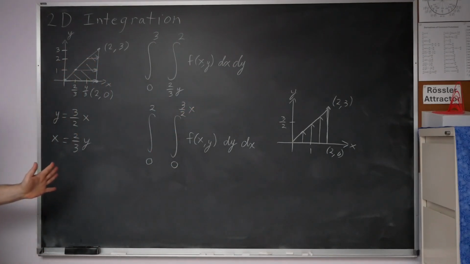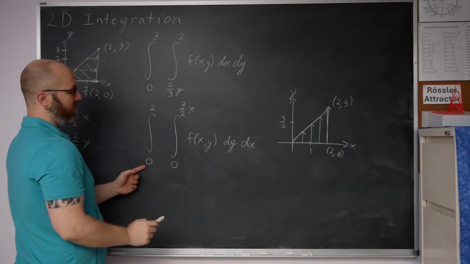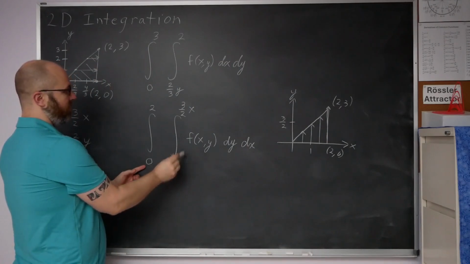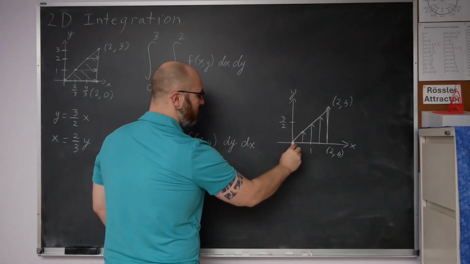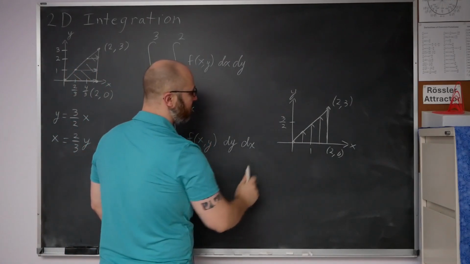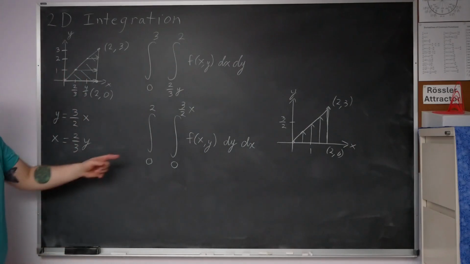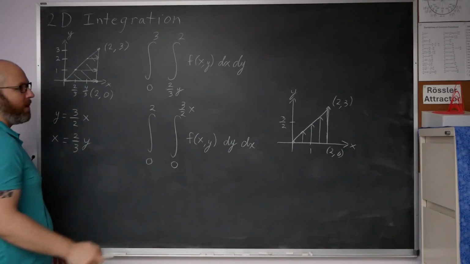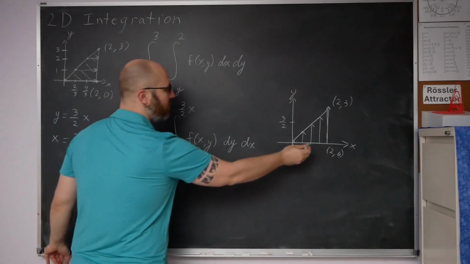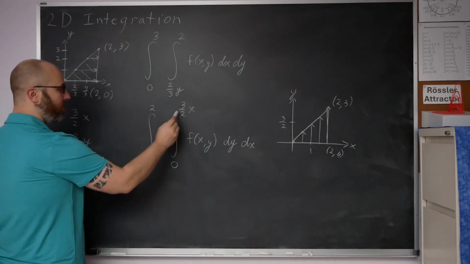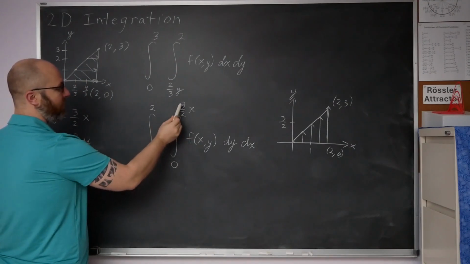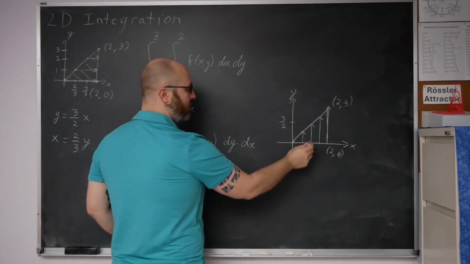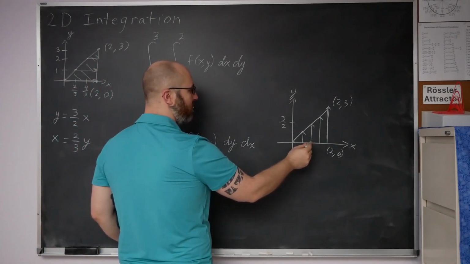Now let's just double check it. If x is equal to 0, then y will go from 0 to 3 halves times 0, so 0 to 0. There's really no arrow there. If x is 1, then y starts at 0 and goes up to 3 halves times 1, and that does look right.